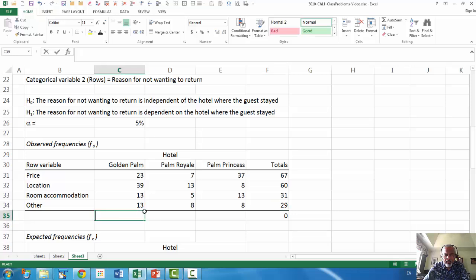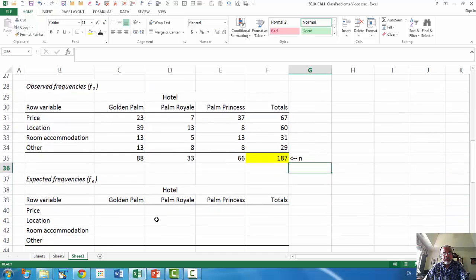So here you sum the column. Now that's our n, the total sample size.